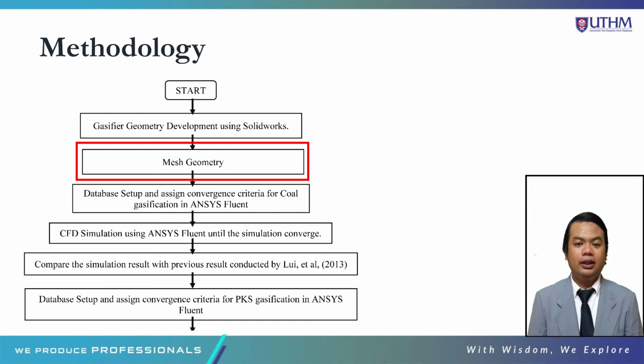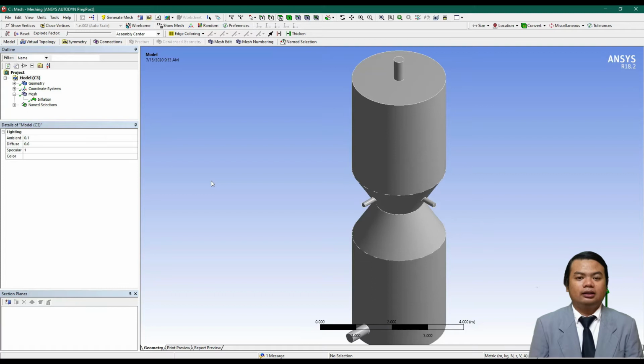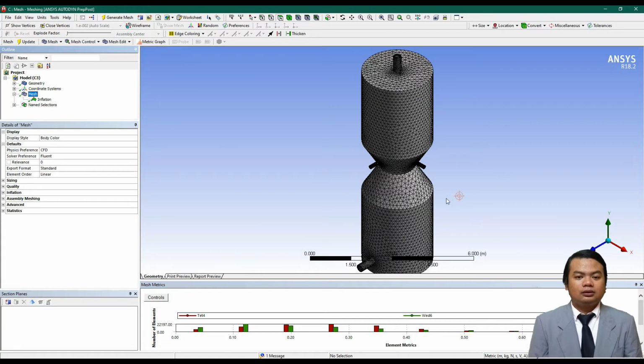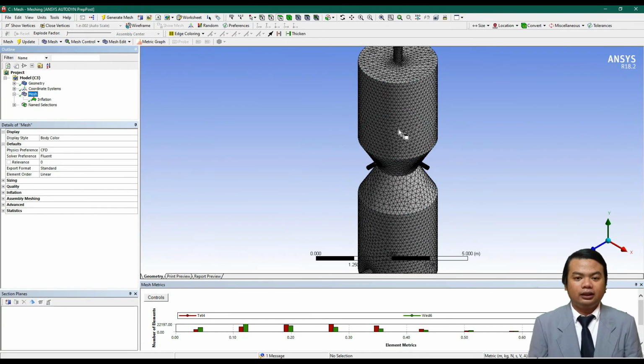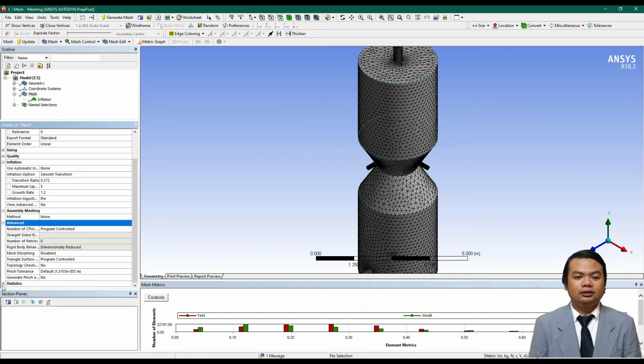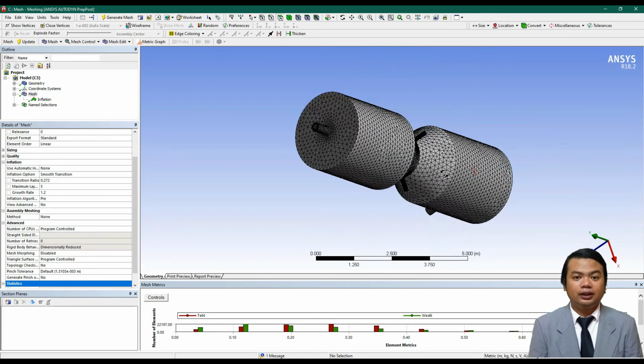The model was meshed using ANSYS Meshing with tetrahedron cells. The maximum face size is set to 0.16 meter and the maximum tetrahedron size to 0.29118 meter. Inflation was applied to the model with the transition ratio set to 0.272 and the growth rate of 1.2.